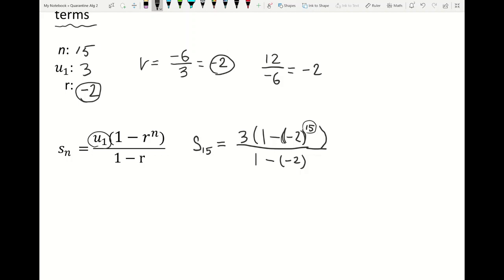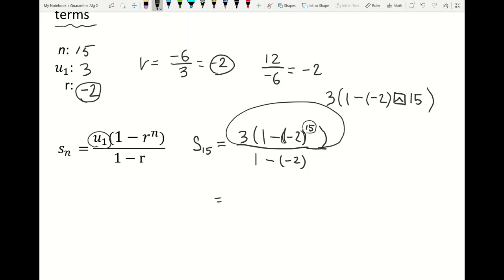Okay? So now if that confused you in any way, you can do this all in one shot of figuring out the numerator by just typing into the calculator 3 parentheses 1 minus negative 2 to the exponent button 15.